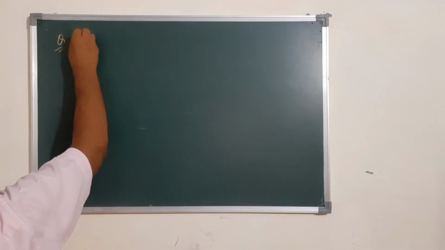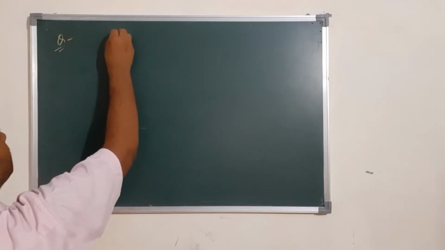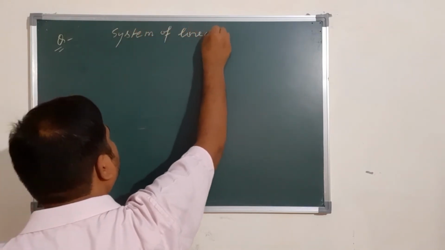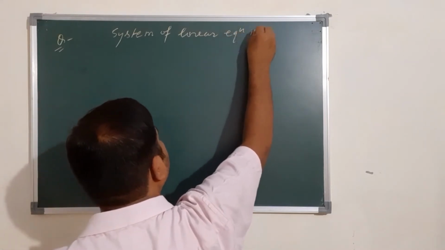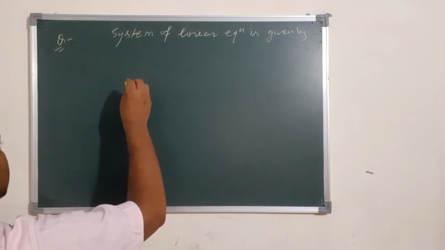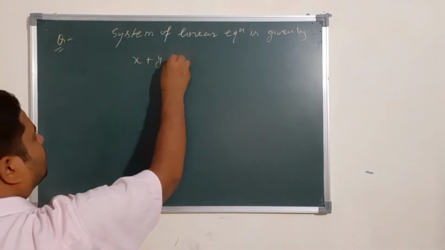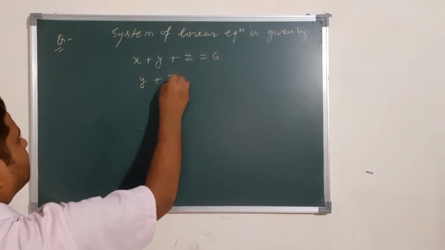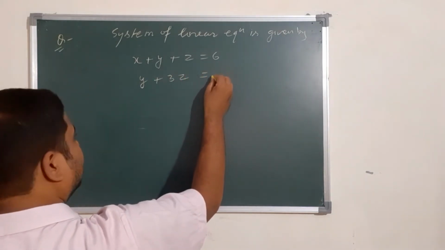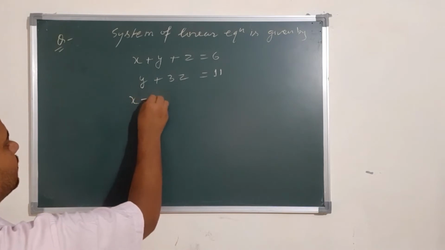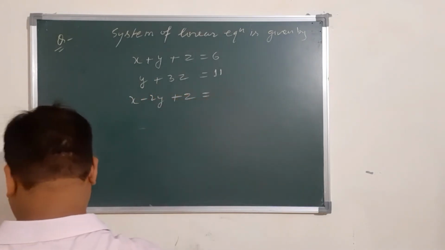Question: system of linear equation is given by, first one is x plus y plus z equal to 6, y plus 3z equal to 11, and x minus 2y plus z is equal to 0.